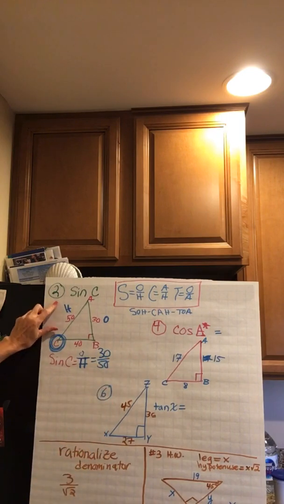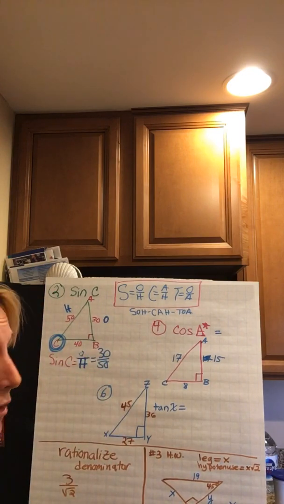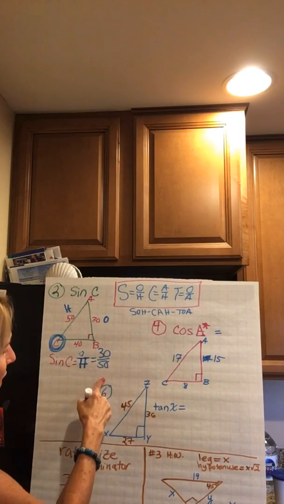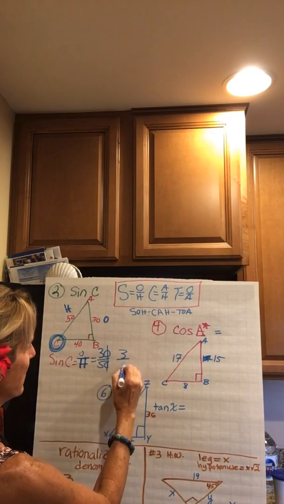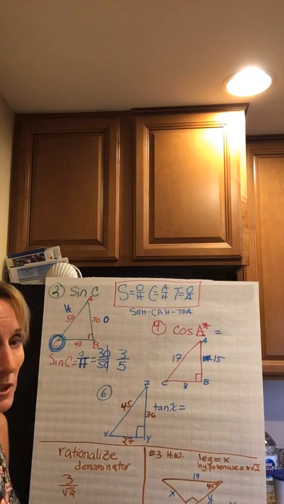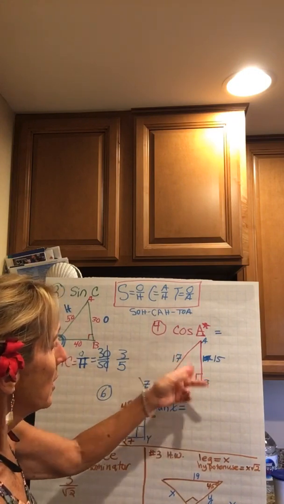By the way, this is number 2 on your other set of notes worksheet. Okay, I'll give you a sec. So do I leave it like that? No. What do you do to all fractions? You simplify. The zero cancels out with the zero, so the sine of this would be 3/5. There's your answer. Okay, go to number 4.